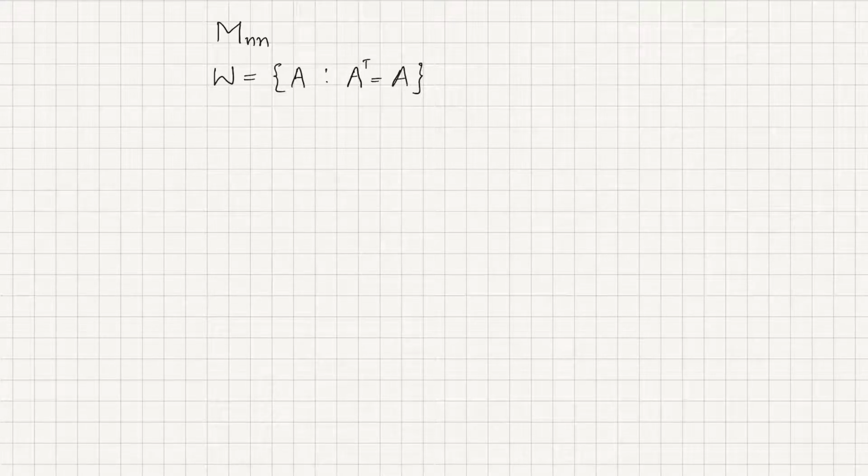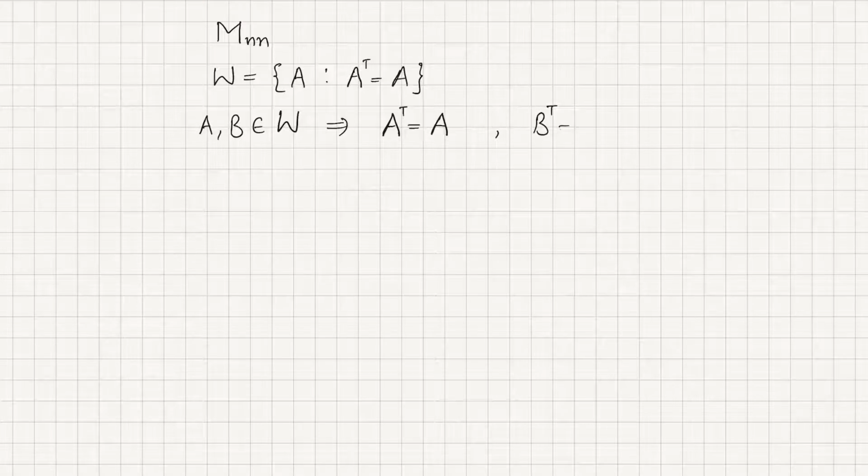You can take any two elements A and B in W. Because W is the collection of all symmetric matrices, A transpose equals A and B transpose equals B. Now you can check their addition.